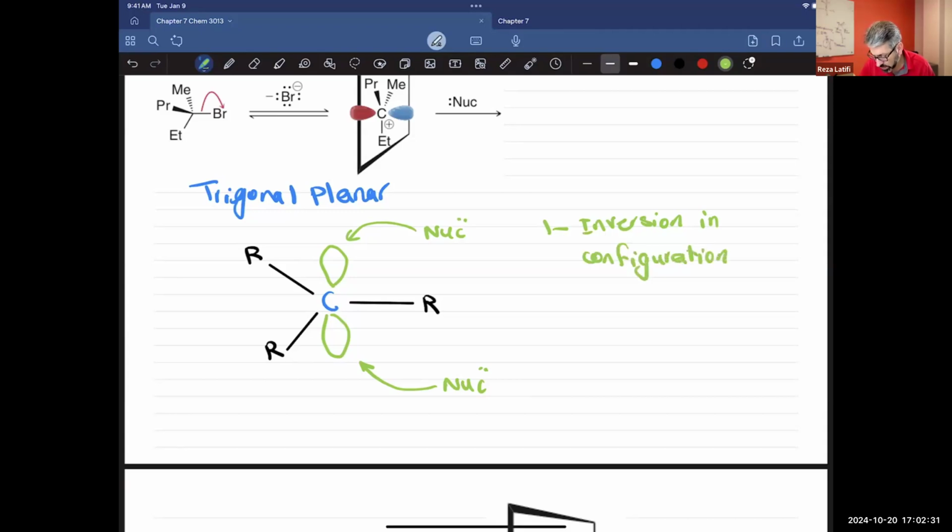And the second one is retention in configuration. Okay, and I'm going to try to practice those two.